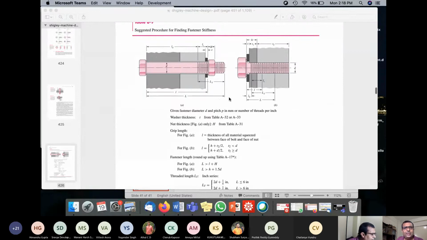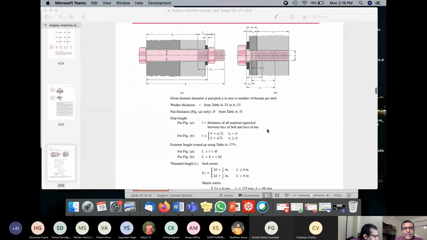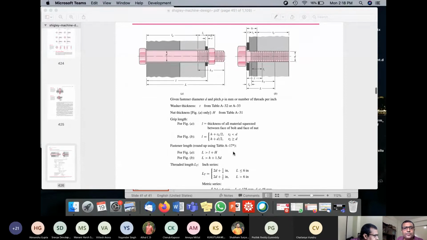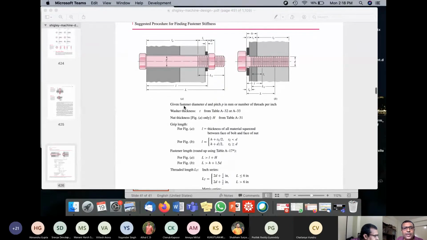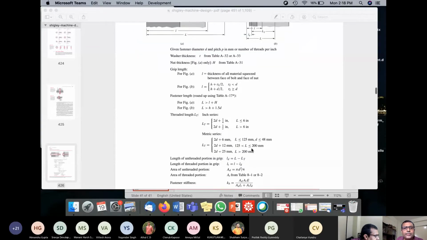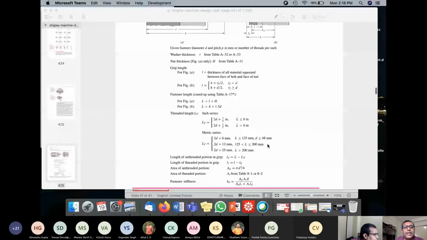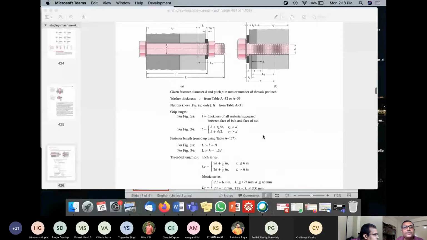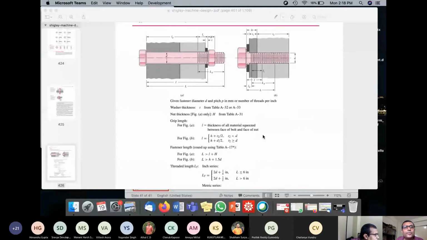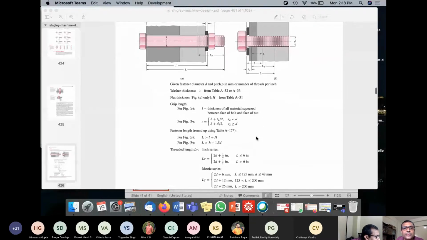Total length L is in figure A. You have total length L. L is typically the fastener length. You can use table A17.